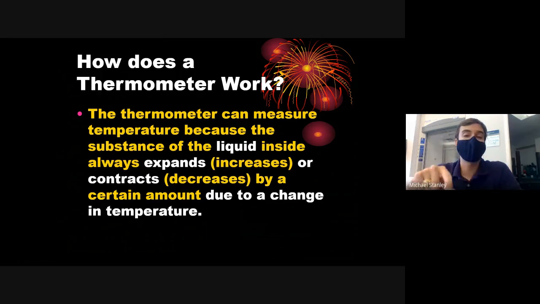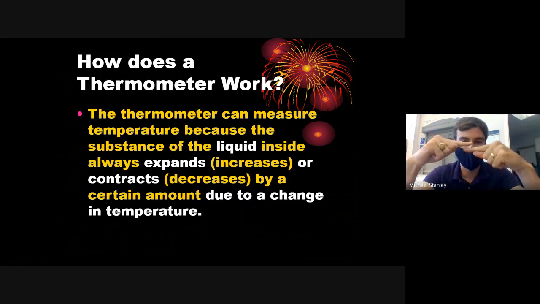Changing the temperature of the liquid inside that little vial in the middle of the thermometer causes the liquid to expand out or contract down. It can actually change the volume of the liquid. And so when they're making thermometers, scientists will measure, okay, we know that we raised the temperature of this room by exactly 10 degrees, and the liquid went from here to here. So therefore, that must be a 10-degree difference on our thermometer.